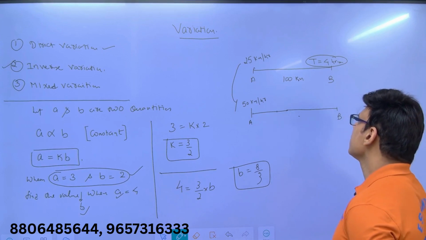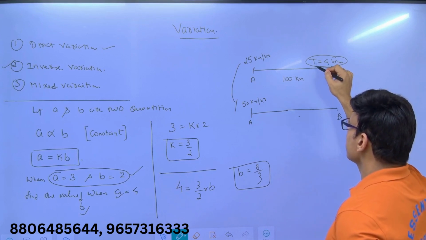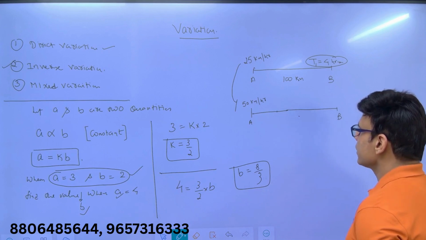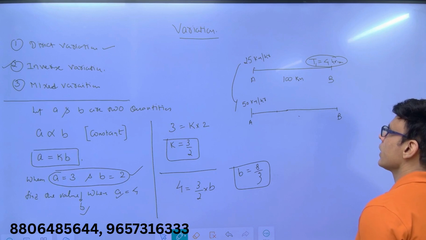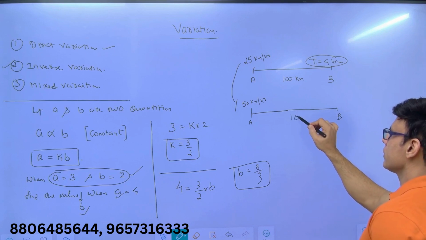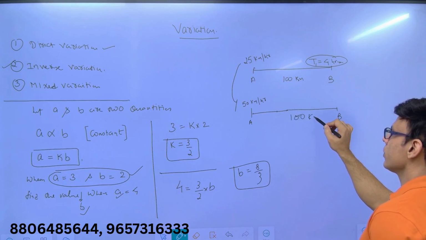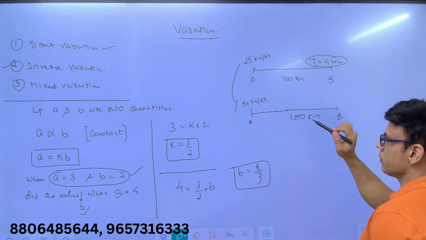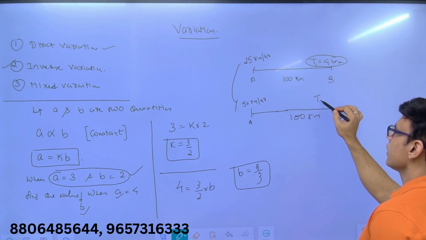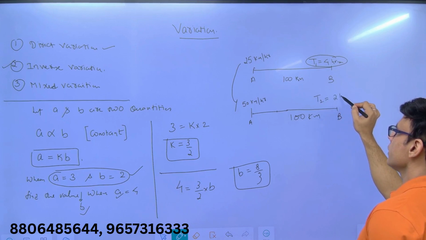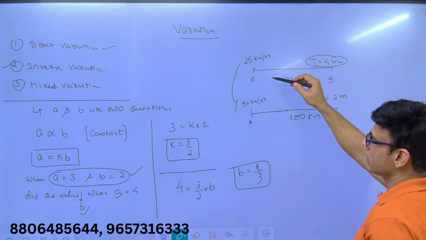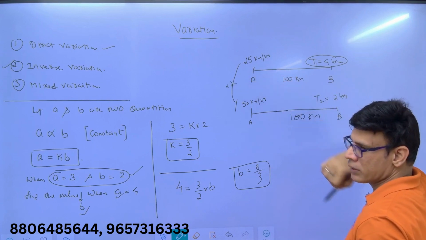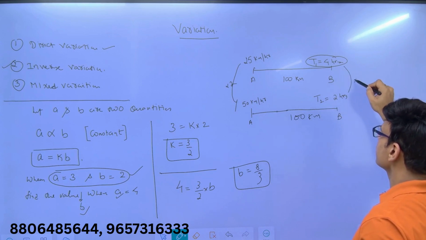For example, in this case, one is traveling from A to B with a speed of 25 kilometers per hour, and in 4 hours will reach B. Now, if I keep the distance, this 100 kilometers, constant, and now travel with a speed of 50 kilometers per hour, in how much time are you going to reach B? 2 hours. So you are keeping distance constant and you double the speed. See, time taken has reduced to what? Half.